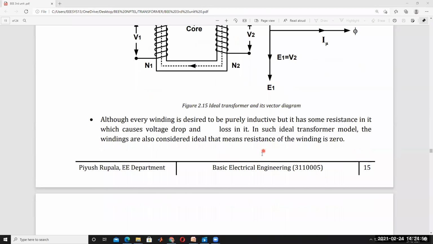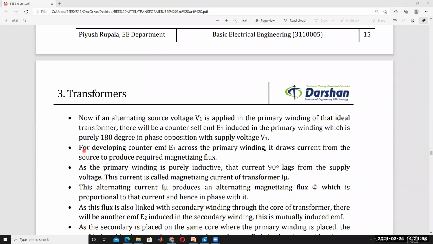And then the next point: for developing counter EMF E1 across the primary winding, it draws current from the source to produce the required magnetizing flux.